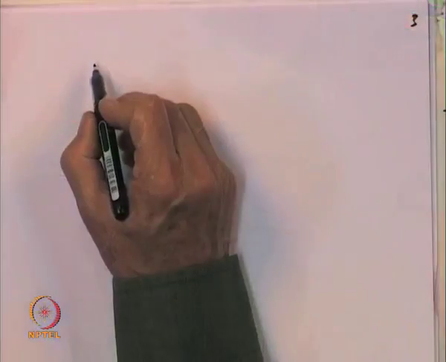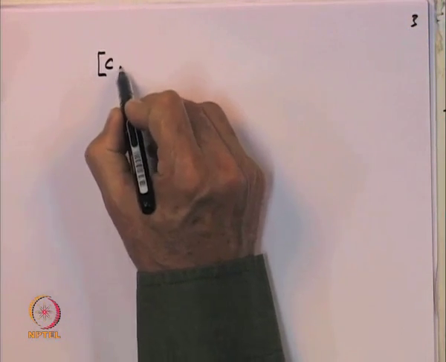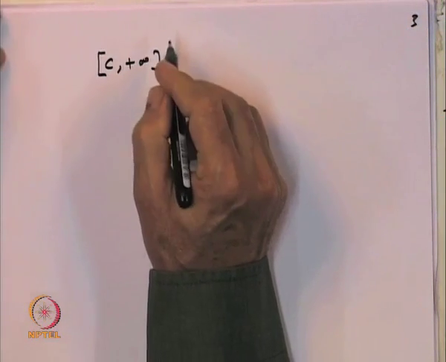So, let us just prove the remaining statements, namely 2 implies 3. So, let us prove 2 implies 3. The statement 2 is regarding closed intervals.